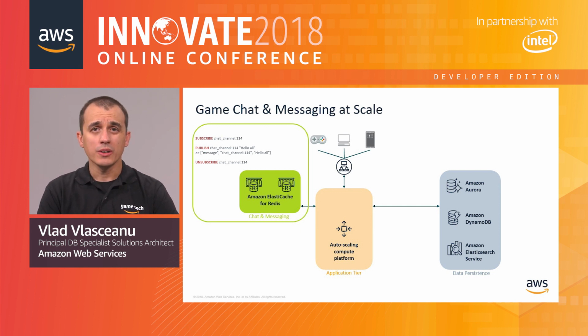Now, to be sure, ElastiCache for Redis is not a good choice if you need critical messaging where you cannot afford to lose messages. But in many, many gaming workloads, we see ElastiCache used very effectively at scale.